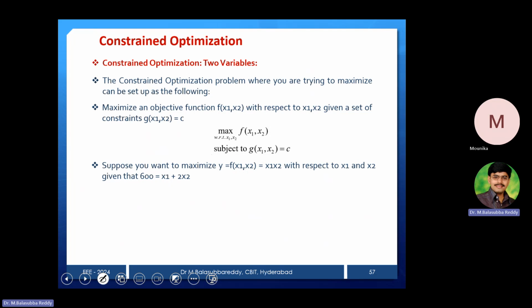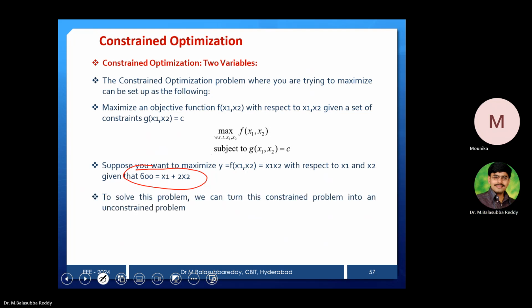We can observe the function x1 into x2 with respect to x1 and x2, and it is also given that x1 plus 2x2 must be equal to 600. Now, to solve this problem, we can convert it into an unconstrained problem.